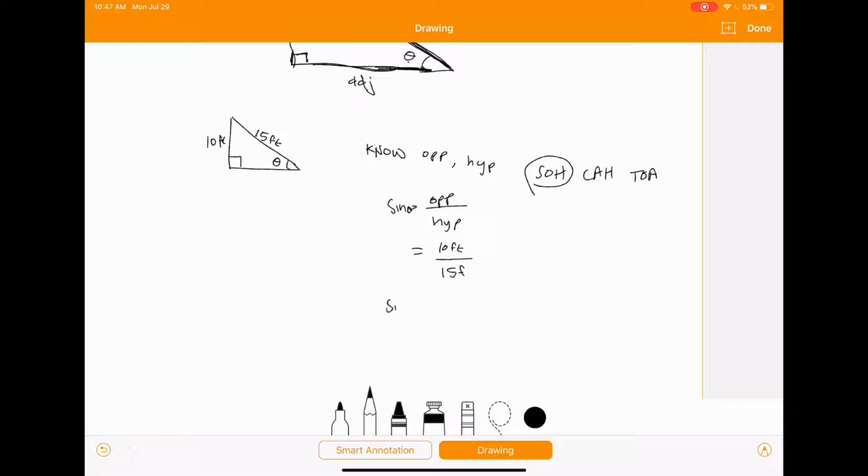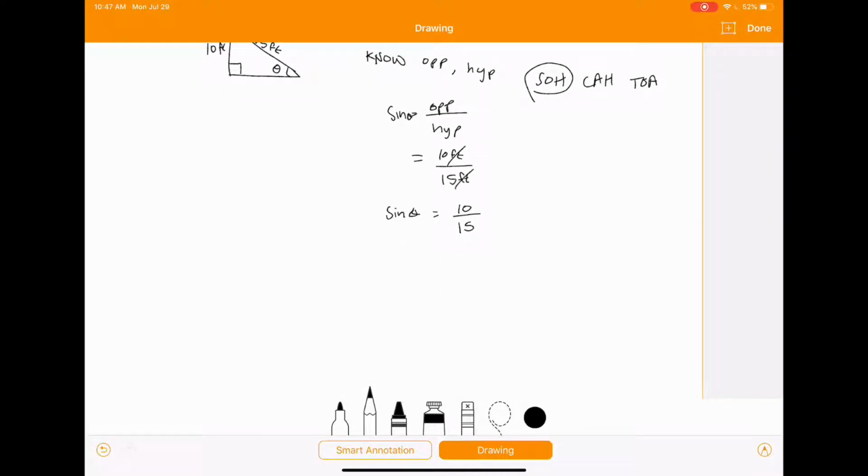So sine theta equals 10 over 15 because your units will cancel. In order to separate your theta from this sine function, you do the opposite of your sine function. So you're going to do the sine inverse of this entire thing.